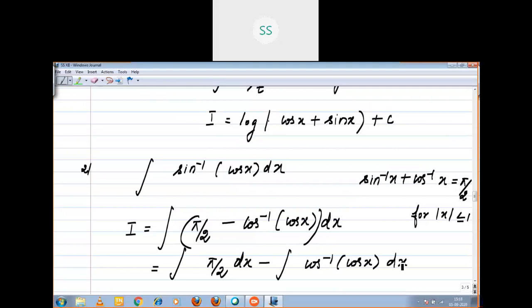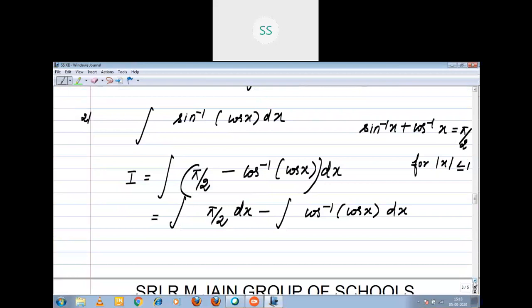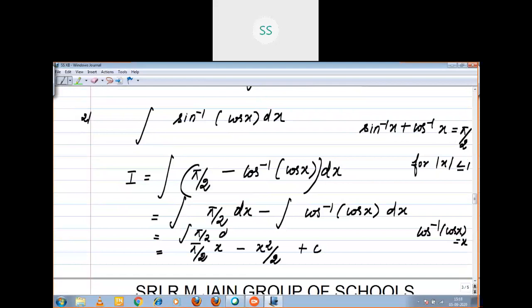Already I told you cos inverse of cos x is x, right? You people know that. If you want, you write it here: integral pi by 2 into dx minus integral x dx.